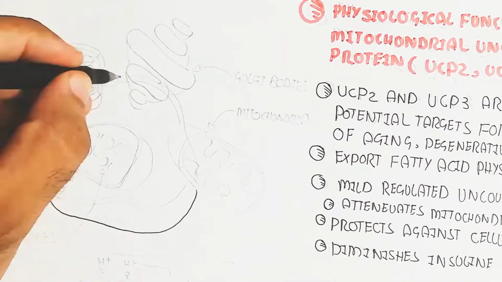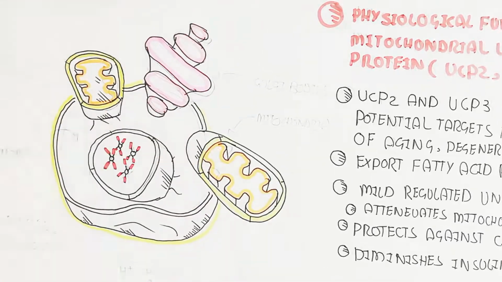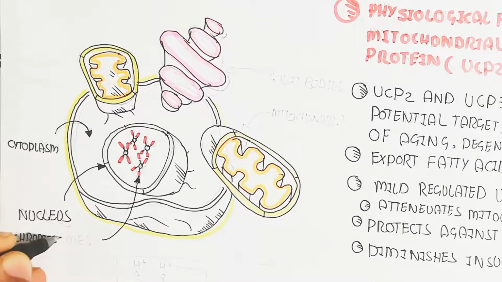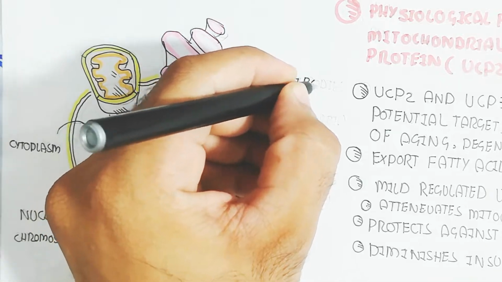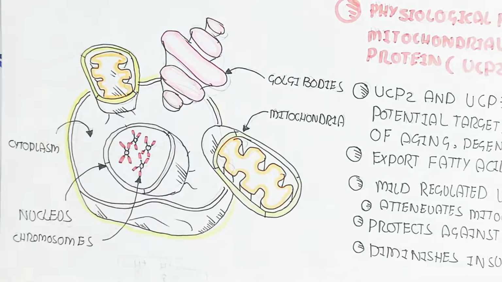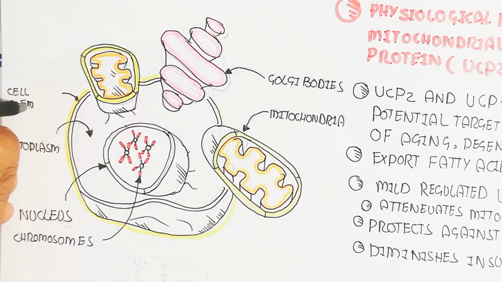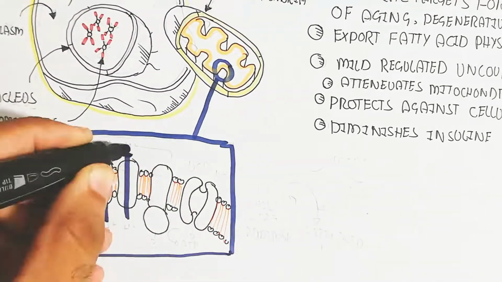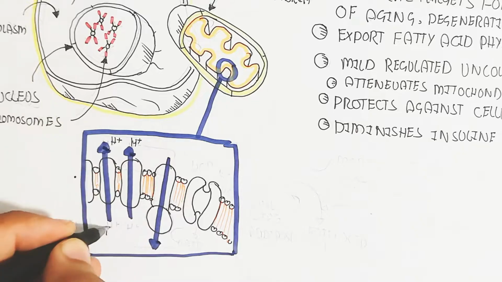So let's begin to understand first of all what the UCP is and its function. All these things we first need to understand. Here is the cell, which contains the nucleus, cytoplasm, plasma membrane or cell membrane, the mitochondria and Golgi bodies. But we are focusing on the mitochondria. The inner mitochondrial matrix and outer mitochondrial matrix are present, basically the inner mitochondrial membrane and outer.